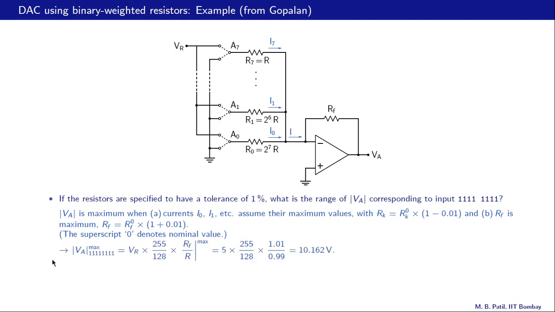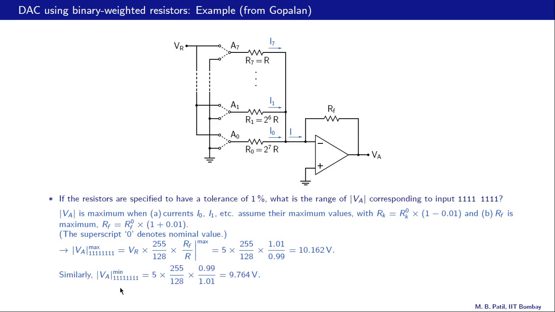So the maximum value of mod VA for this condition is then VR times 255 by 128, this we have seen earlier, times the maximum value of this ratio, RF by R. That means 1.01 divided by 0.99, because their nominal values are equal, they cancel out, and that gives us 10.162 volts.